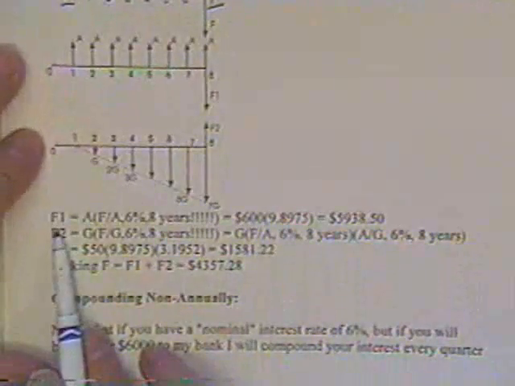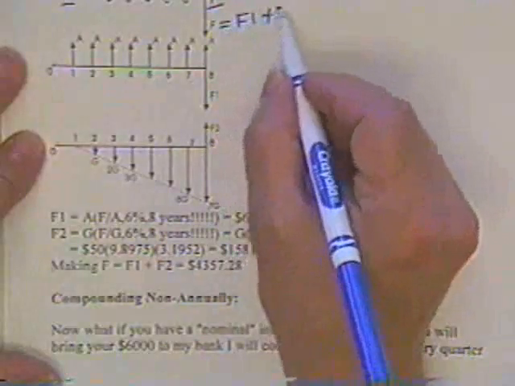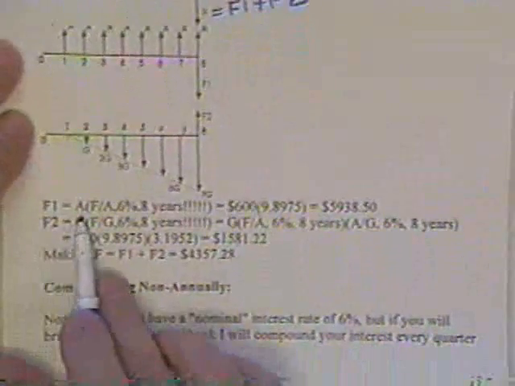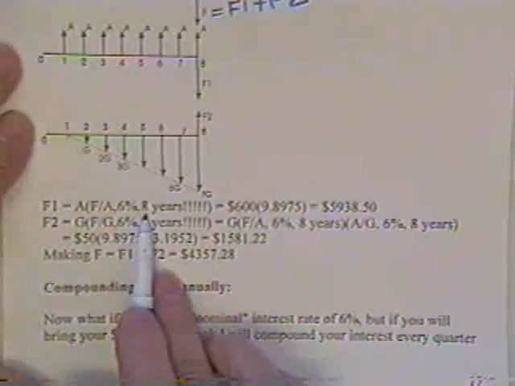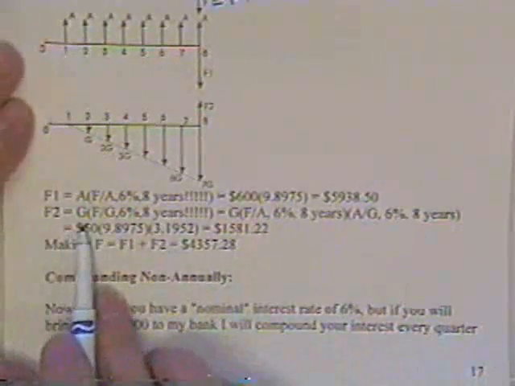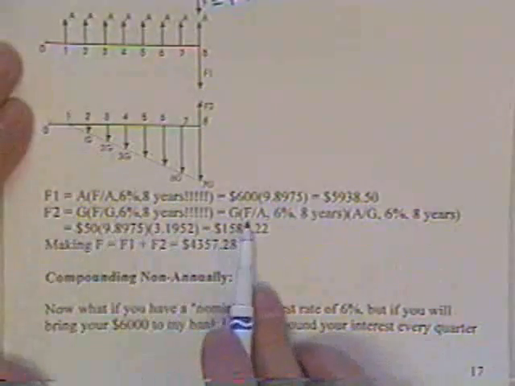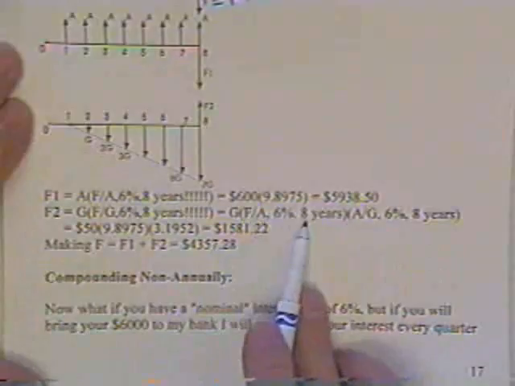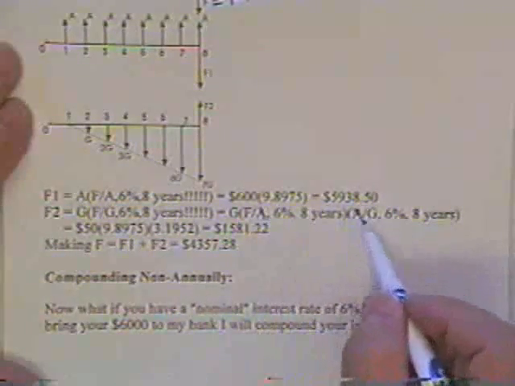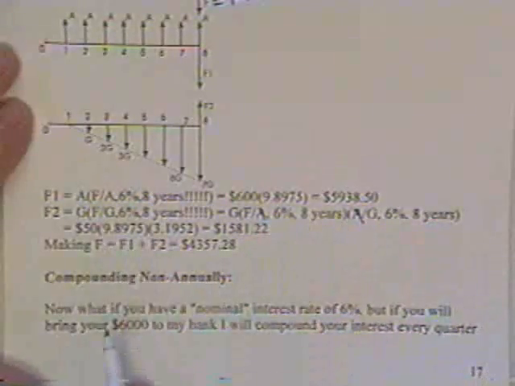Therefore, the first part of the future value, F is equal to F1 plus F2. The first part is the annuity part. Note the 8 years. Get the factor, $5,900. The second part is a gradient, 8 years. Phooey, he doesn't have F over G, so I had to go find F over A for 8 years and then A over G for 8 years. The A canceled the A, leaving me with F over G, which is what I need.